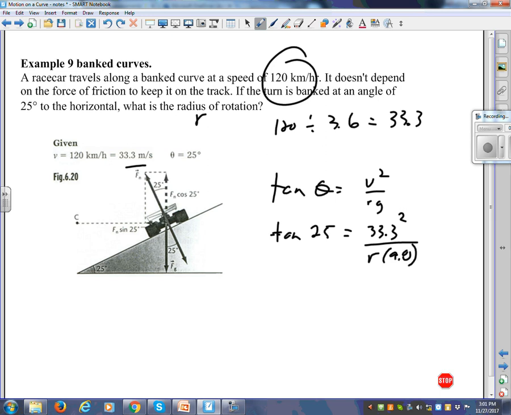How do I solve that for r? The r has to go up here, right? The r and the tan 25 have to change. So r is going to be 33.3 squared divided by 9.8 tan 25.